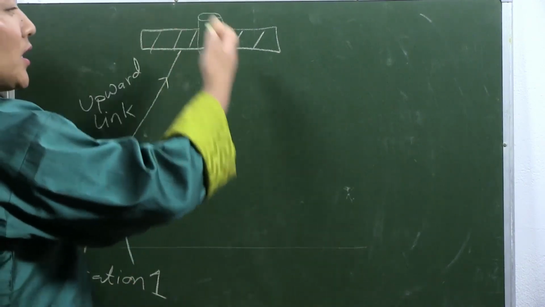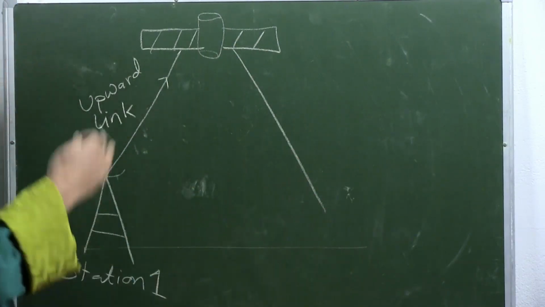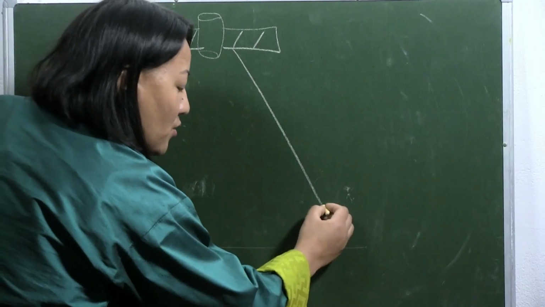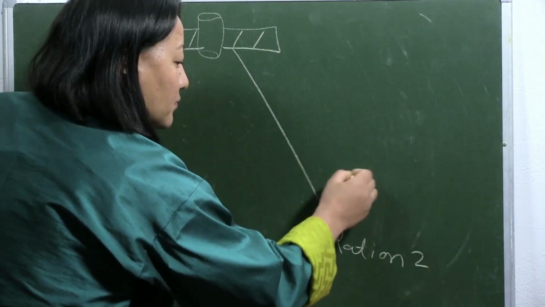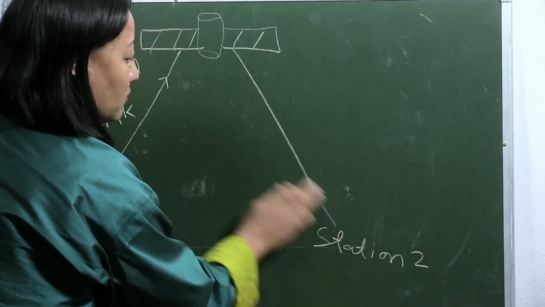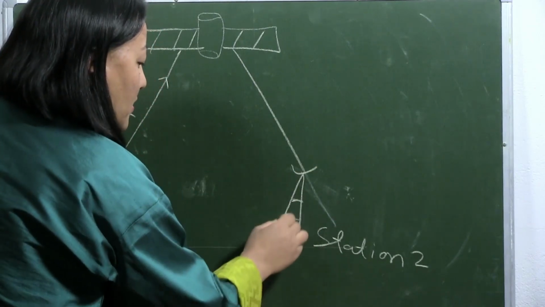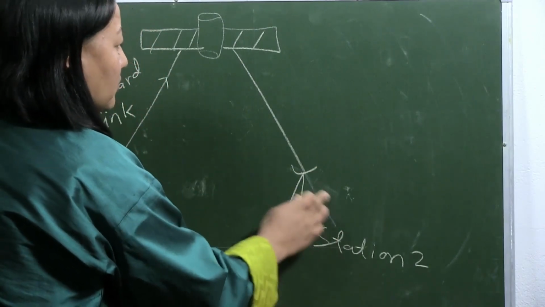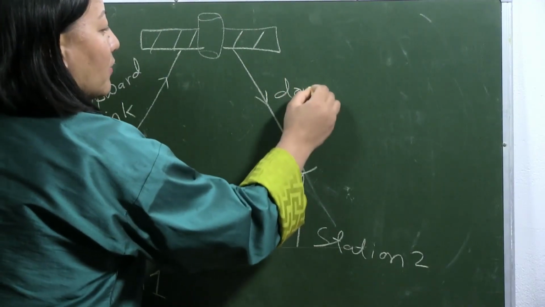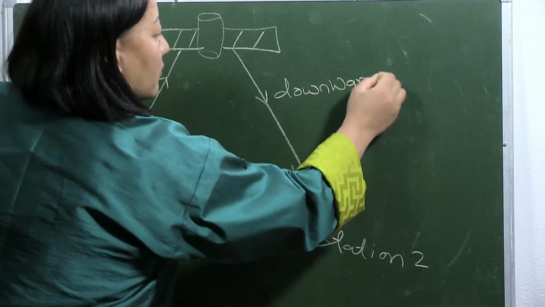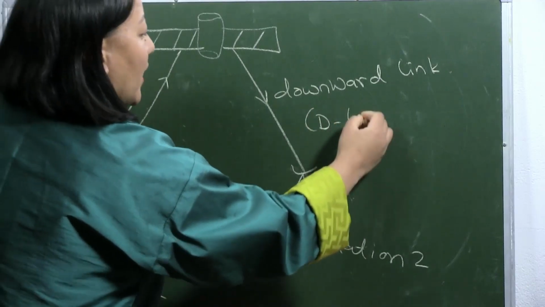After increasing the frequency and amplitude, it will give it back to the other station, that is Earth Station 2, through the downward channel known as the downlink. We also call it the D-link.